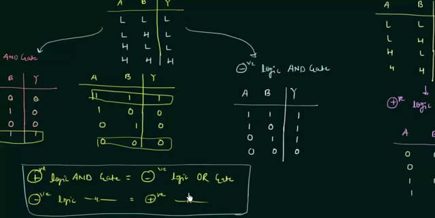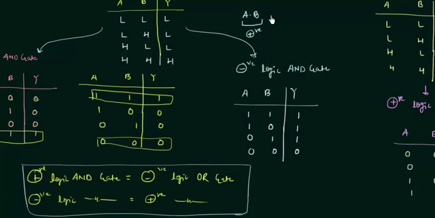Very simple. If I have an expression like A and B, and you want to find the dual form, let's say this is the positive logic. As I have told you, the dual expression is used to convert positive logic to negative logic.